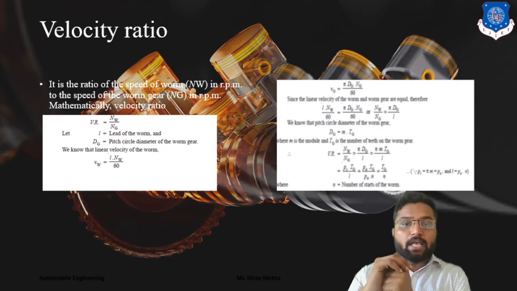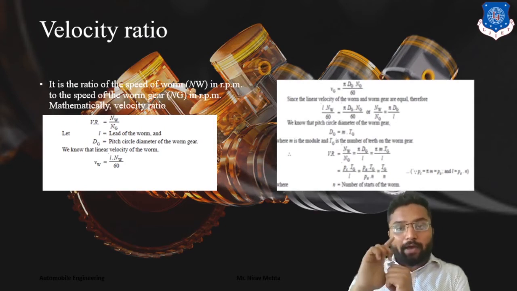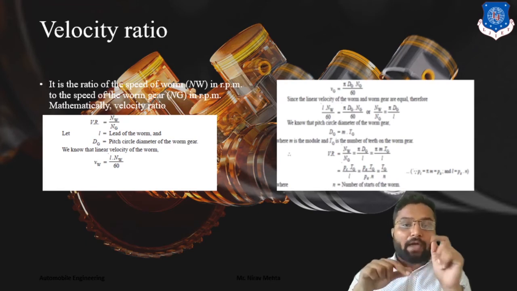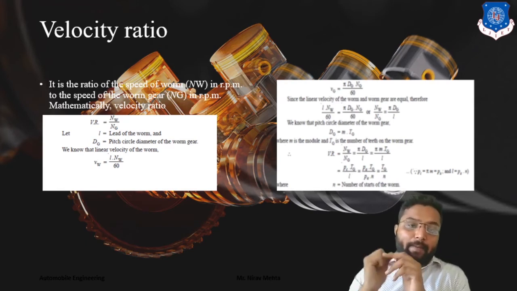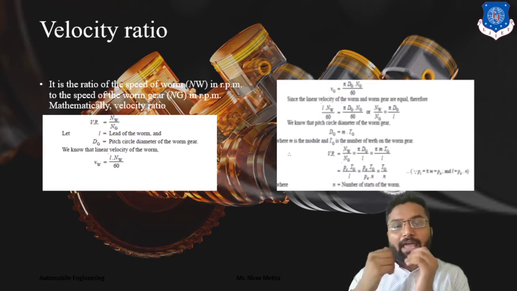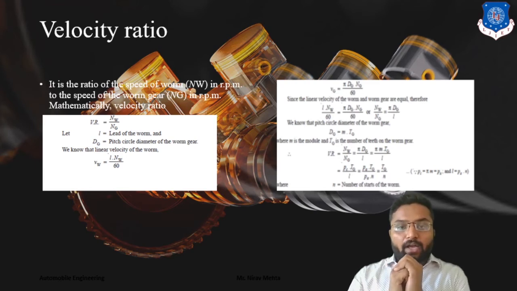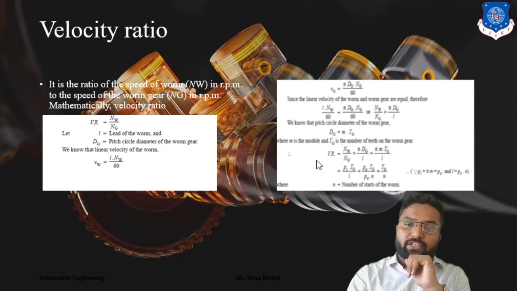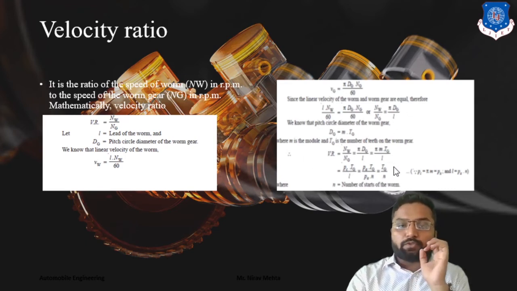Here, the pinion is our worm, so the ratio will be Nw by Ng, where the linear velocity is Vw, which is pi L Nw by 60, where L is the length of our worm. Clear? Okay. By determining that, we can derive this equation of the velocity ratio in terms of teeth, which is Tg upon N.